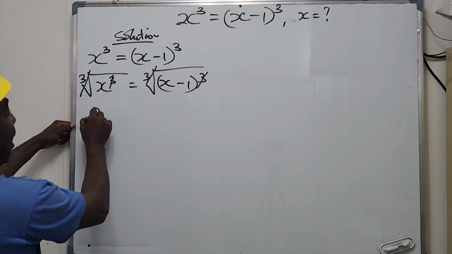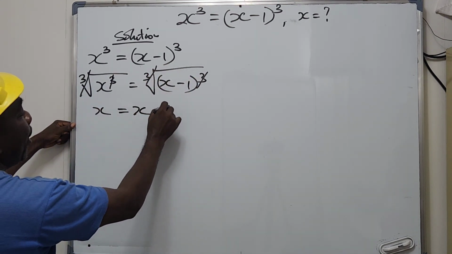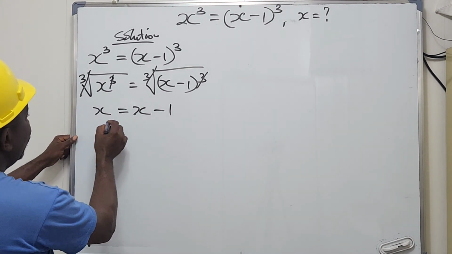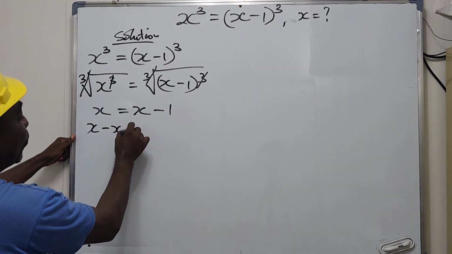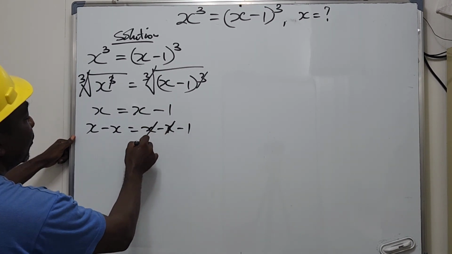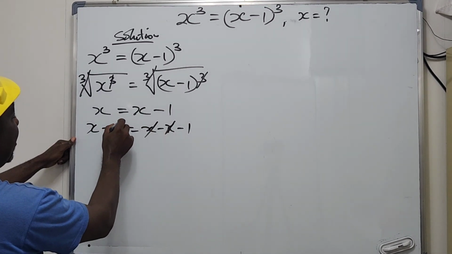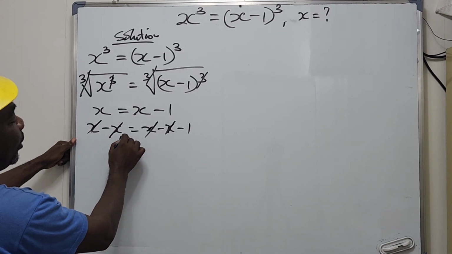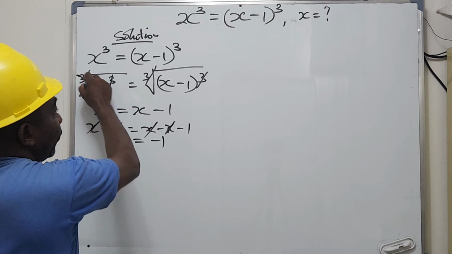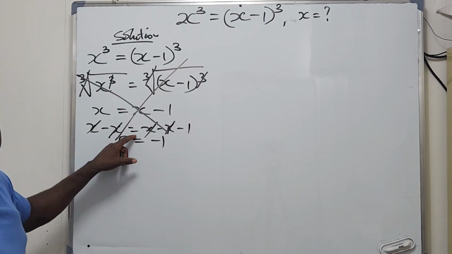And we are now left with x equals x minus 1. When you subtract x from both sides, this will become x minus x equals x minus 1 minus x. This will cancel here, and also this will cancel here. We are now left with 0 equals minus 1, which is not the answer. So this method is not acceptable.